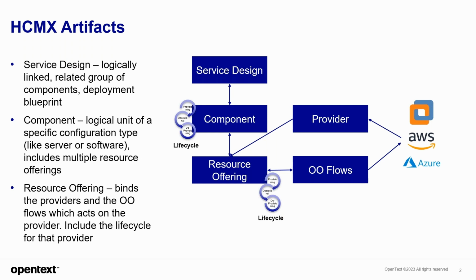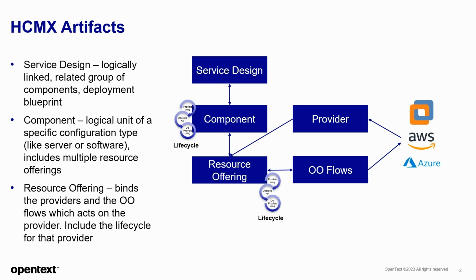So these are the main life cycles in the life cycle model. And then there are sub phases and stages, which I'll talk about in my next slide. But these are the three life cycles available on the component as well as on the resource offering. But you can define the overflows, associate the overflows as actions against these lifecycle stages, right?